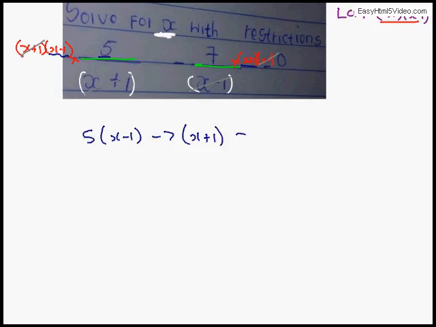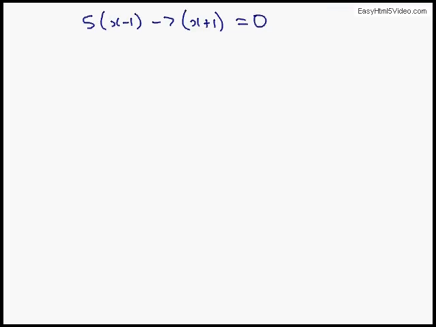Now observe something. In one step, by just multiplying right through with the lowest common multiple and cancelling what can be cancelled, I've turned that into a straightforward equation without any fractions. Now it's just a matter of multiplying the brackets out and then solving for x.